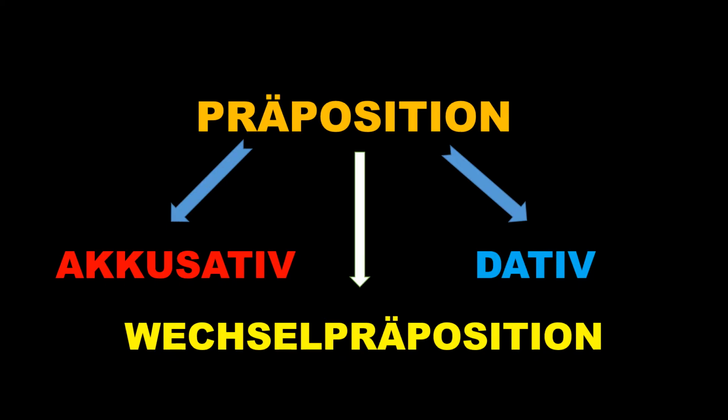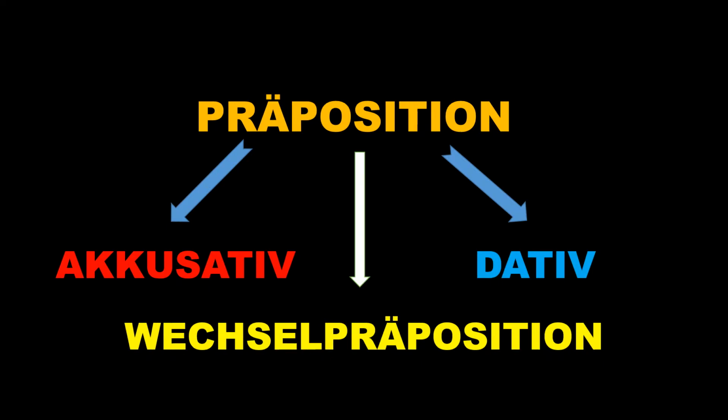Wechsel prepositions are those which are sometimes accusative and sometimes dative, so they exchange their position depending on the context. We are going to learn all these concepts step by step.